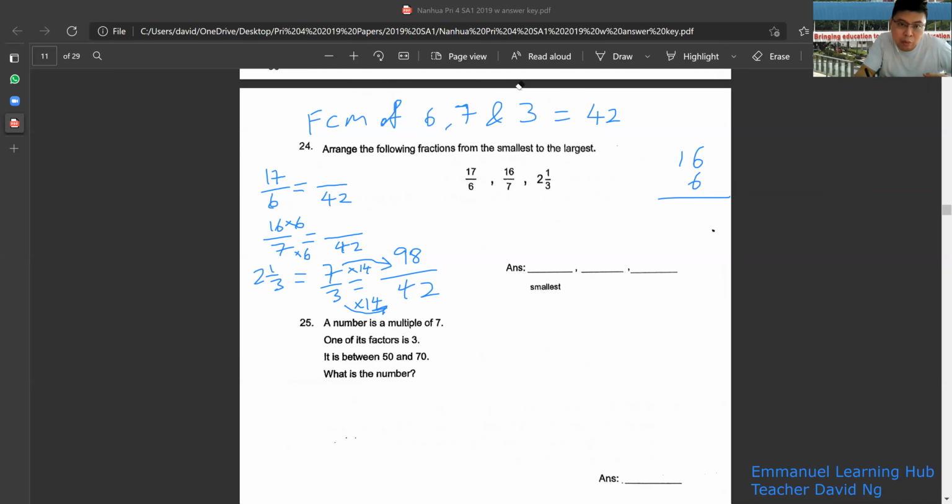Oh, 16 times 6 is how many? Or we do together here. 6 times 6 is how many? 48? No, not 48. Let's do together, 16 times 6.